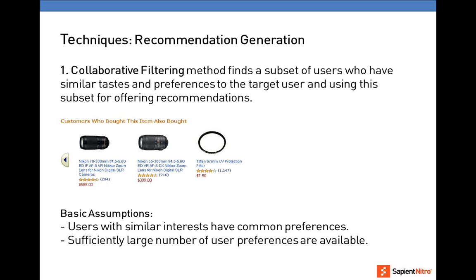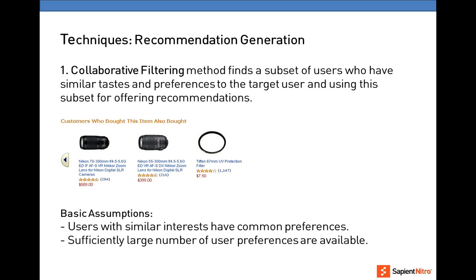So when we talk about collaborative filtering, the basic assumption that we take is that users with similar interests have common preferences. Let's say user A and user B are adventurous in nature.